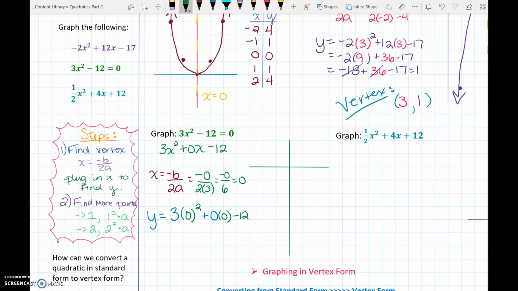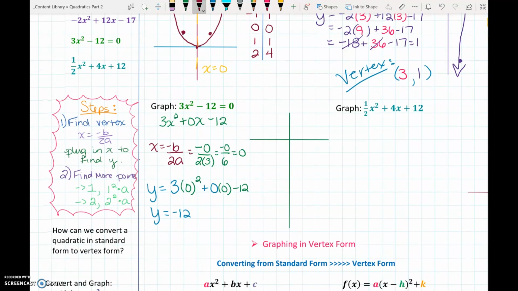So 0 squared is 0. 3 times 0, still 0. 0 plus 0, still 0. Minus 12. So y equals negative 12. So my vertex gives me 0, negative 12.